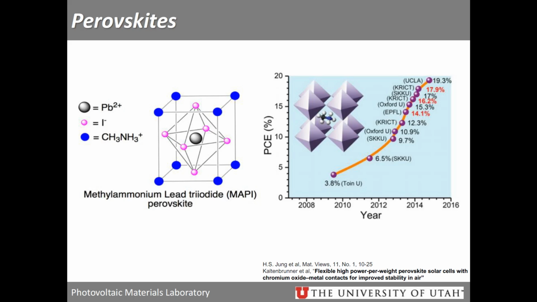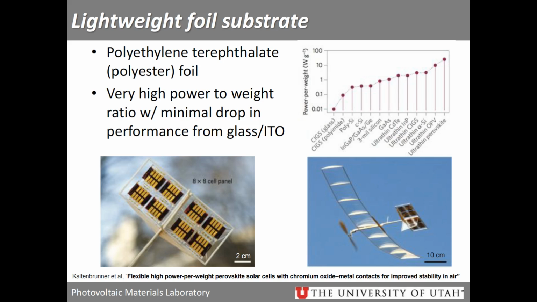Thinking of this structure here, the metal is lead, the halogen group is iodide, and the organic molecule is CH3NH3 plus. These are a bit complicated structures to understand, but people have really shown that over the years they can be manufactured with certain ease, such that they can be used in the manufacture of solar cells.